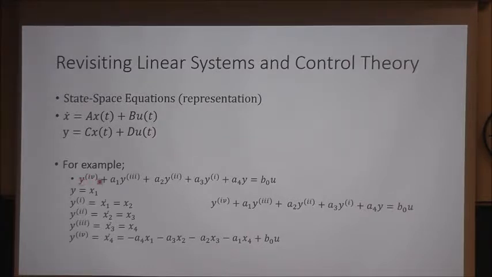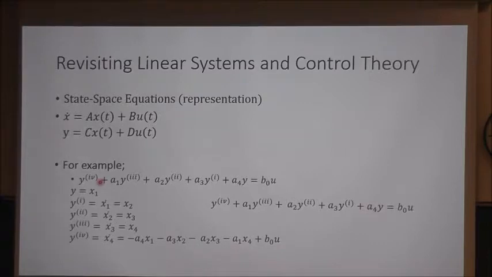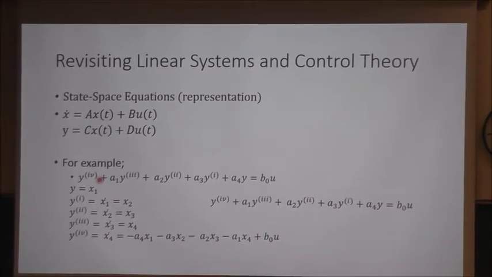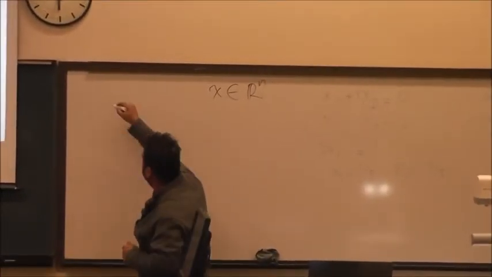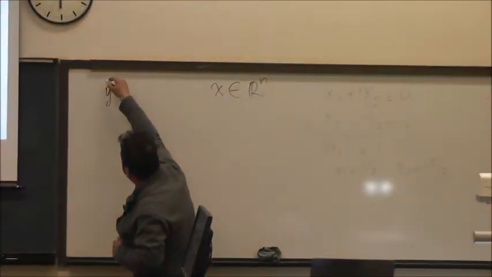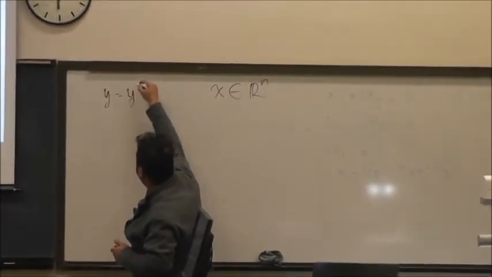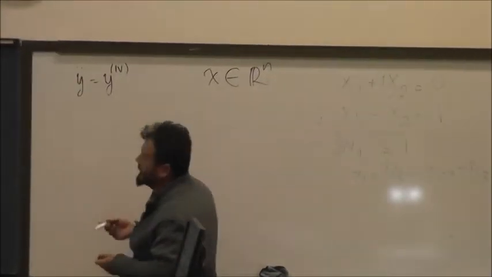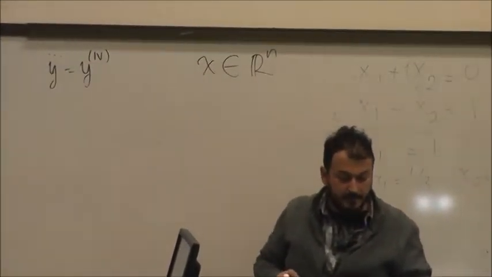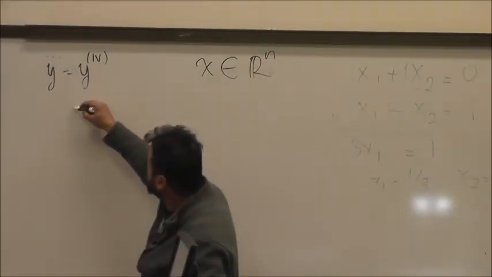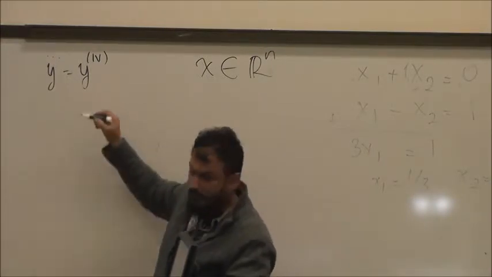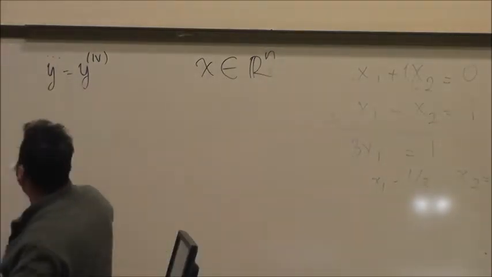So I have y, the fourth order derivative, which actually means 4 dots. It's easy to show, that's why. And the system is like this. Oh, you can see that. Okay.